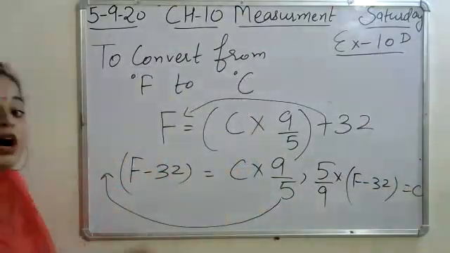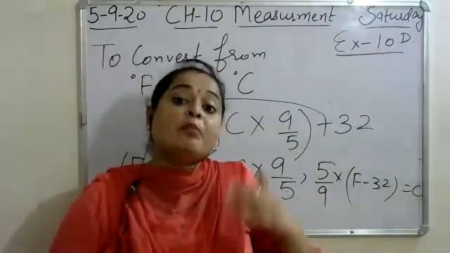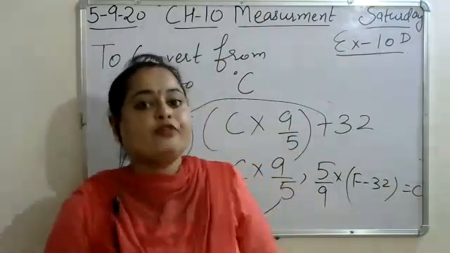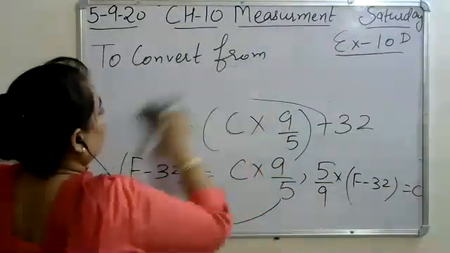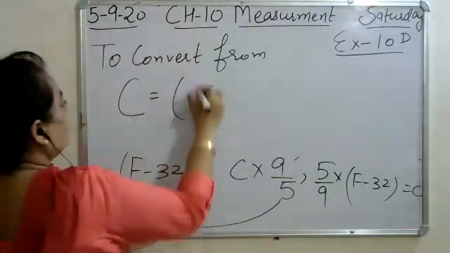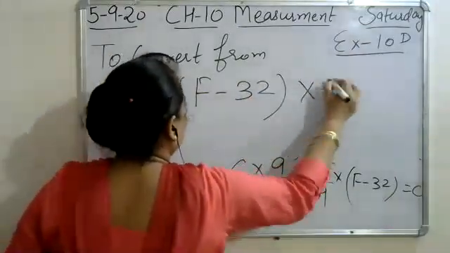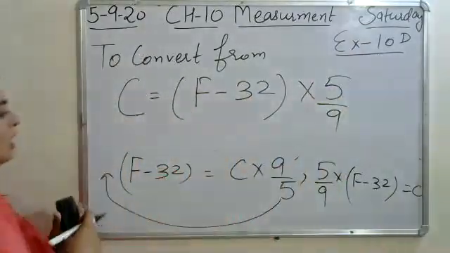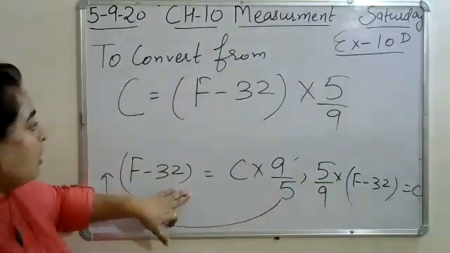So the second formula is not a new formula. The second formula is a modified form of the first formula. So write down: Celsius is Fahrenheit minus 32 into 5/9. This is the modified form of the previous formula. Look here.